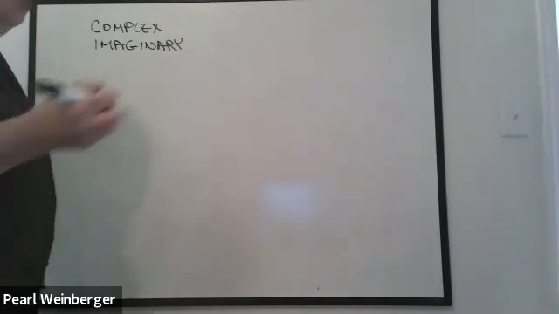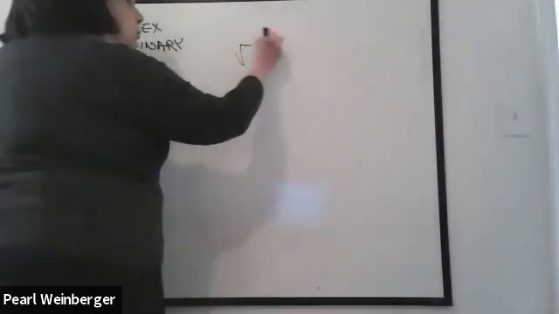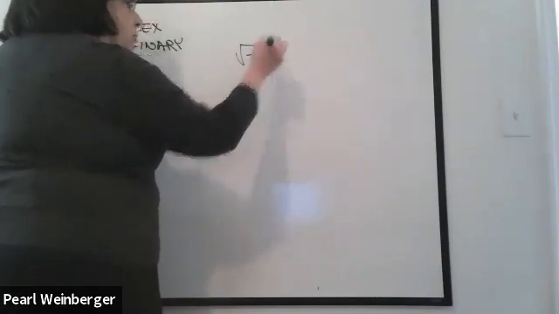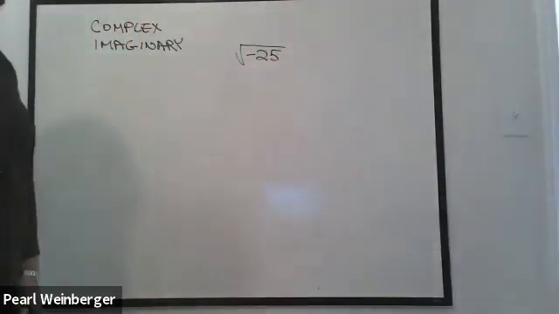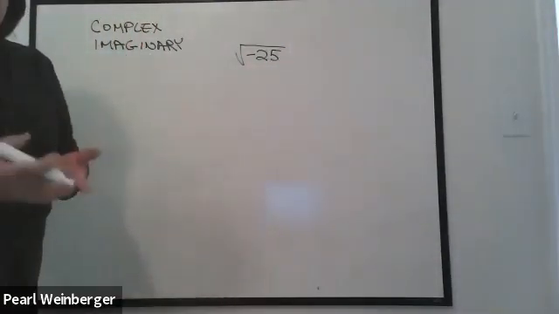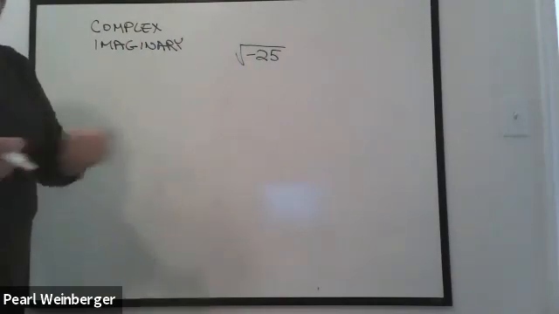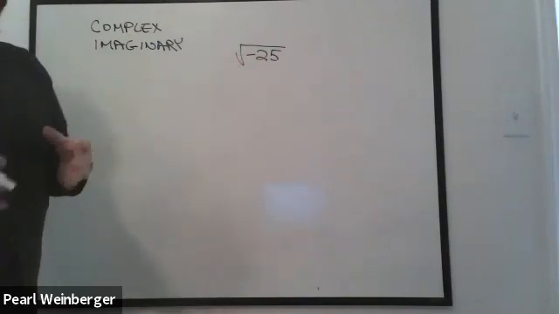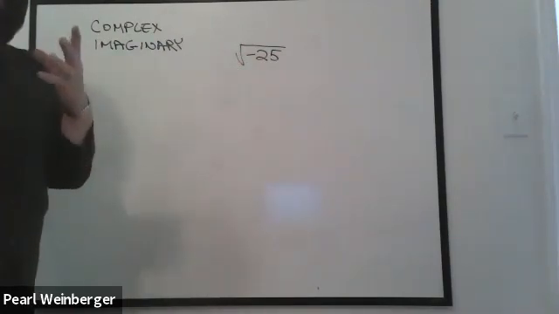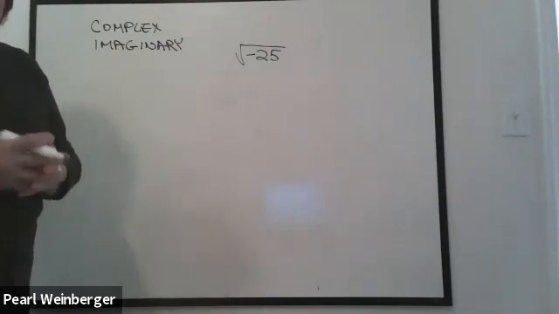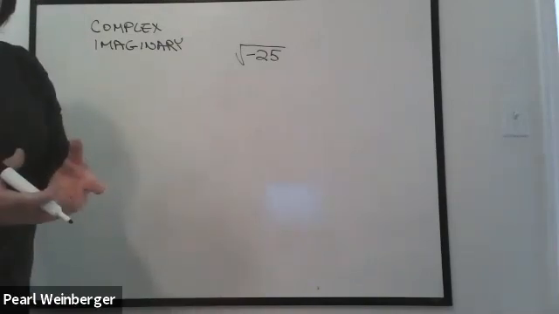Well, if you recall, when we started talking about square roots, the one thing I said you can't do is to take the square root of a negative number, because there's no real number that when you multiply it by itself will give you -25. Real numbers are either positive or they're negative. A positive times a positive is always positive.